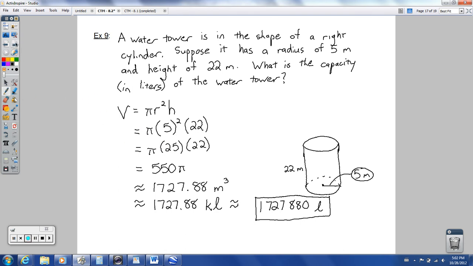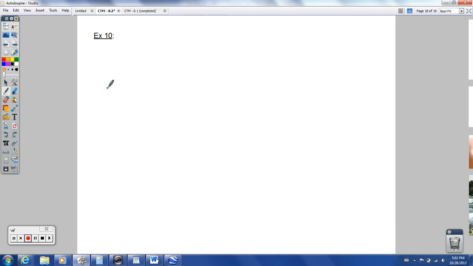So let's now move on to my final example here. This one I'm going to break into 2 parts again. It's about how many times larger is a cubic meter, a meter cubed, than a dm cubed, a decimeter cubed.